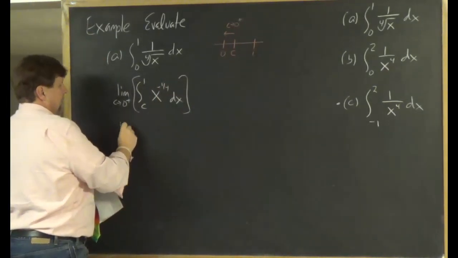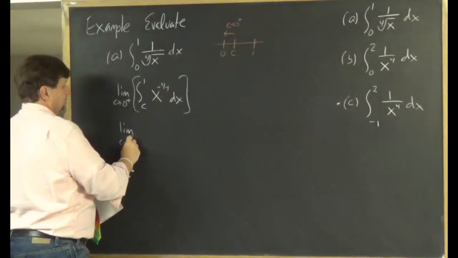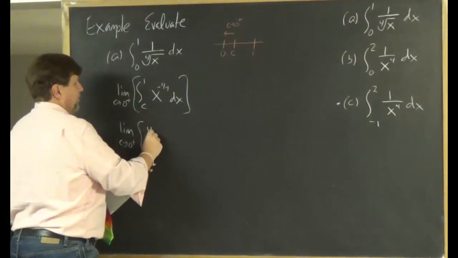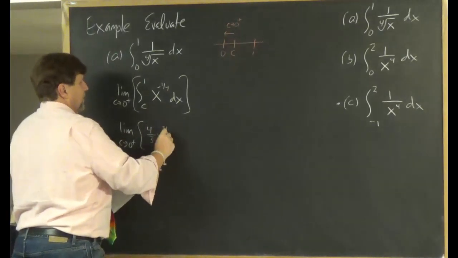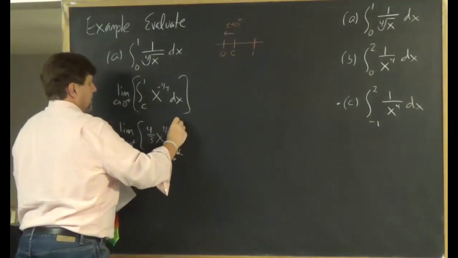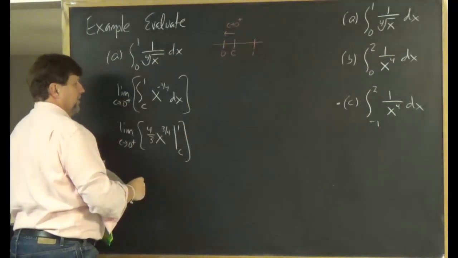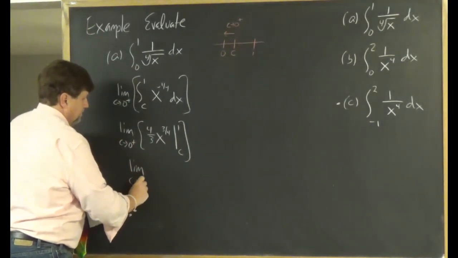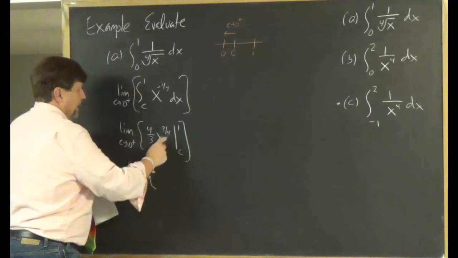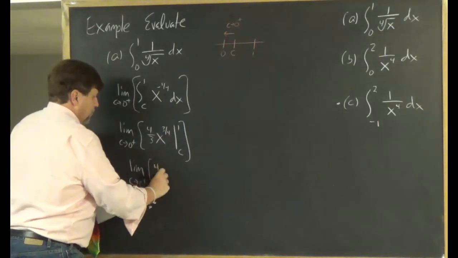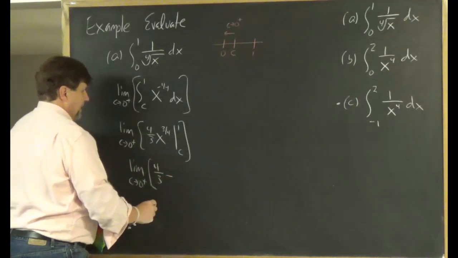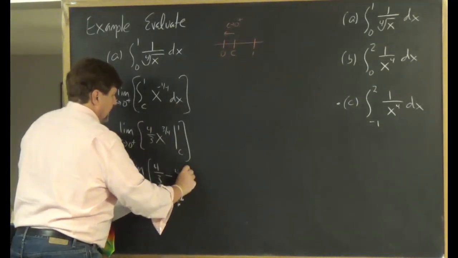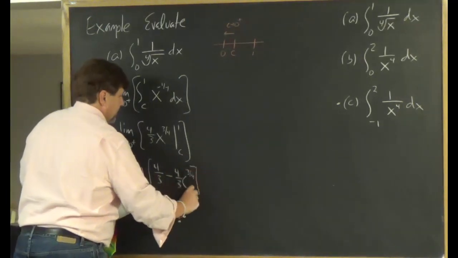So I get my antiderivative. The antiderivative is 4/3 x to the 3/4. Crank it through the fundamental theorem of calculus. That gives me, oh, that's not too bad. That's 4/3 minus, putting c in, 4/3 c to the 3/4.